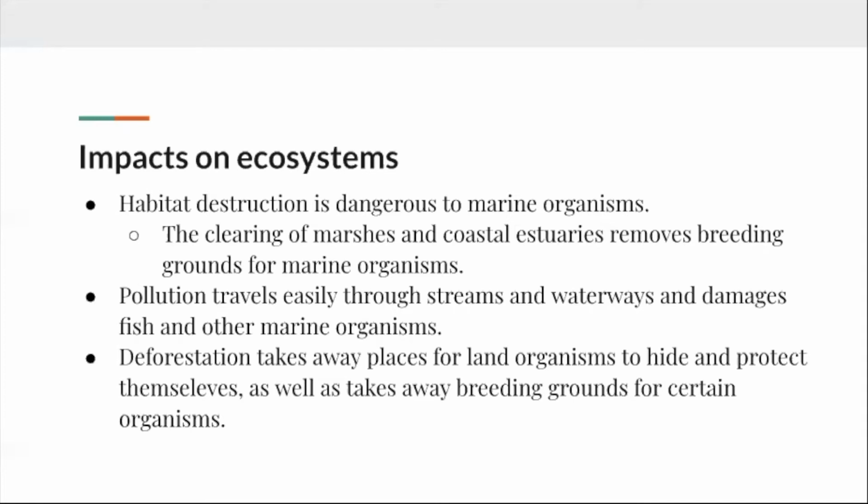A lot of rivers and streams empty out into large bodies of water, such as lakes or oceans. So this pollution, whatever it is from these companies that are dumping into the rivers, eventually makes its way out to those organisms, and it damages all of them. And some of those organisms we actually eat, so it can cause a lot of problems for us as well.